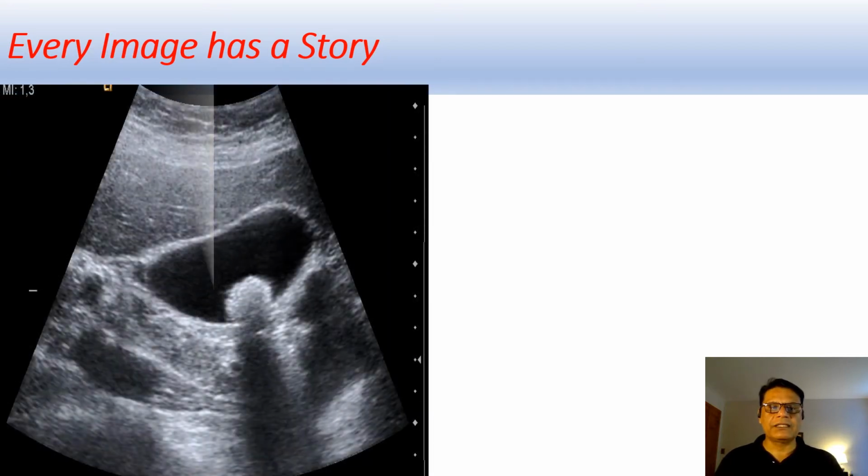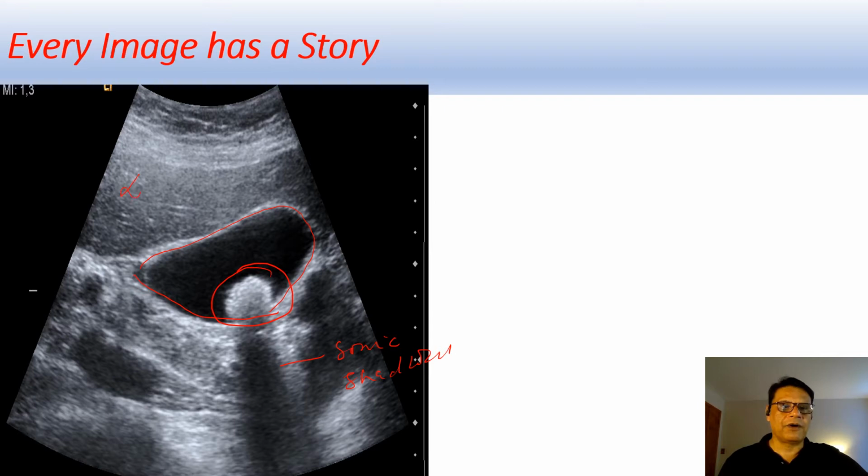And every image has its story. This image is taken from the right upper quadrant, and you are seeing a gallbladder. And here is a stone, and this is called sonic shadowing.